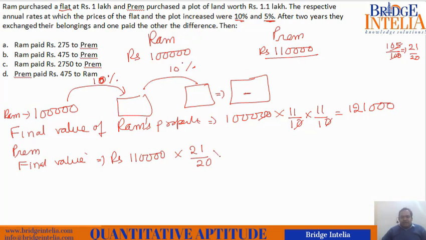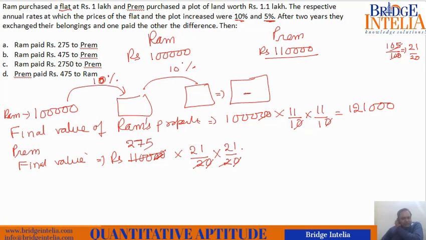So 21 by 20 into 21 by 20. So I think these 2 zeros you can immediately cancel, and still 2 into 2, 4. So 1100 can be cancelled. How? So 1100 by 4. So that comes out to be 275.